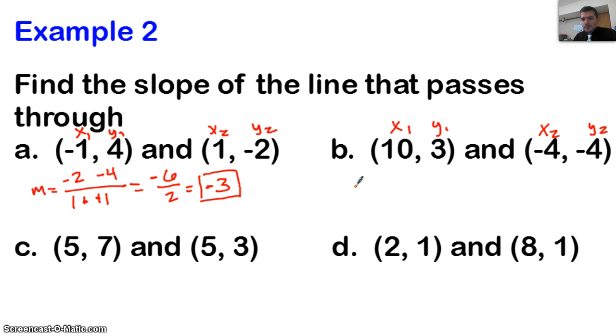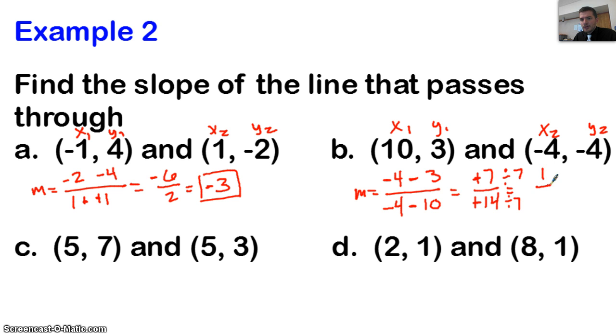Now this one: y2 is negative 4, minus y1 is 3, all over x2 is negative 4, minus 10. So negative 4 minus 3 is negative 7, all over negative 14. Negative over negative becomes a positive, and 7 over 14 reduces by 7. So it'll be 1/2.